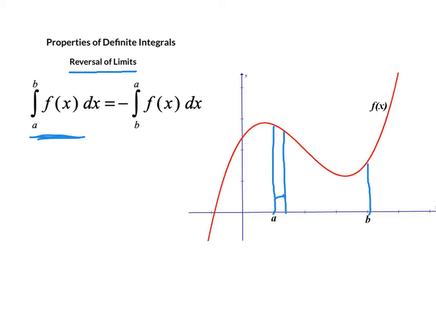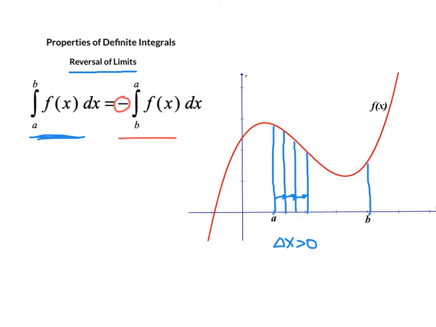So if I'm going from a to b, I'm adding up these little regions, and if a is less than b, my delta x value is going to be positive. And ultimately there I would get to the right endpoint and I'd have my total, and we can calculate that number by the fundamental theorem if we know the antiderivative.